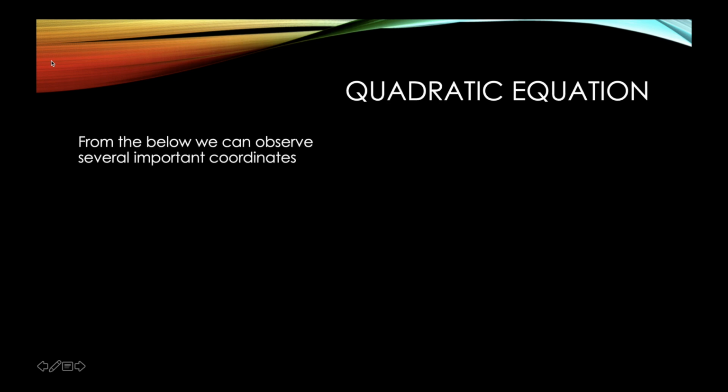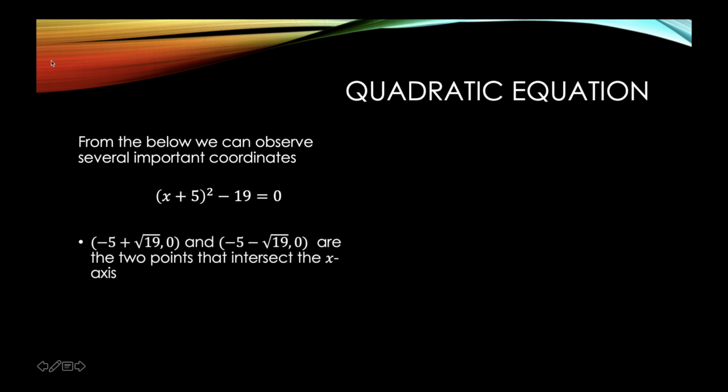Let's observe several important coordinates. When you have (x plus 5) all squared minus 19 is equal to 0, you can solve for x and obtain the coordinates where the graph intersects the x-axis. You would obtain minus 5 plus the square root of 19 and minus 5 minus the square root of 19. As those two x values intersect the x-axis, we obtain two coordinate points.